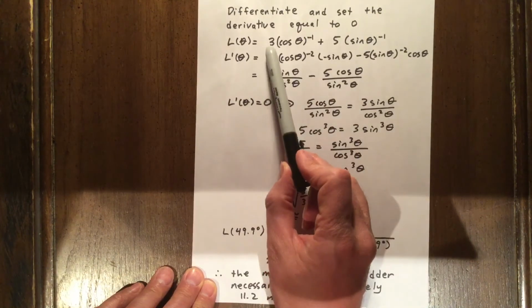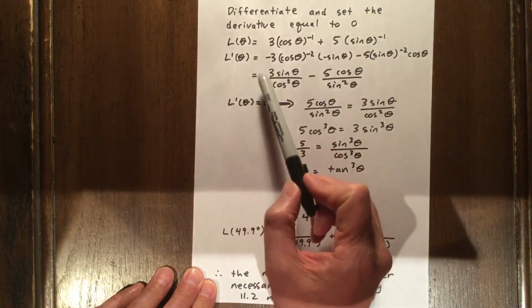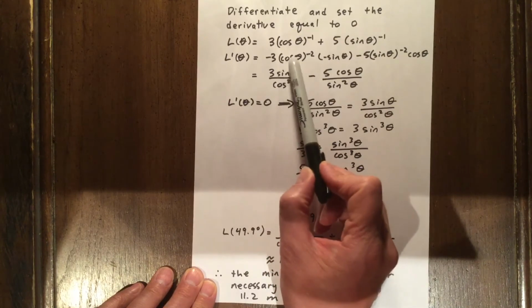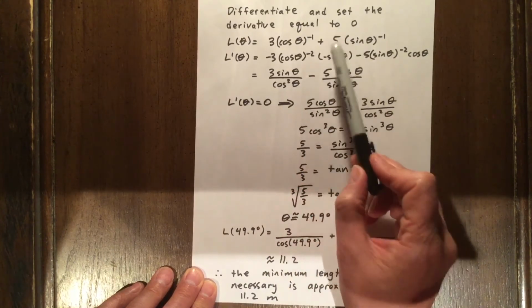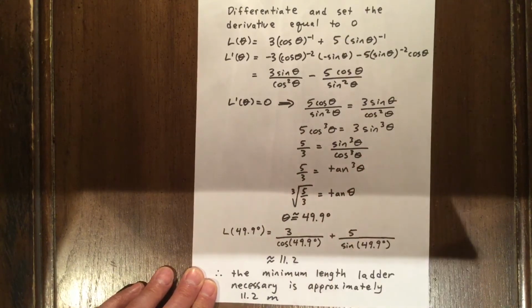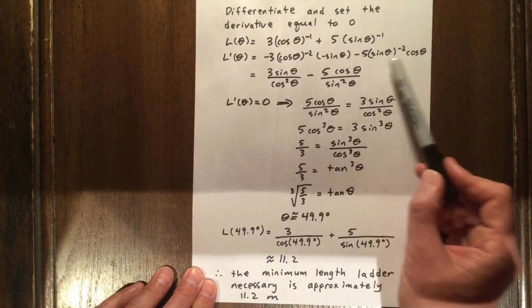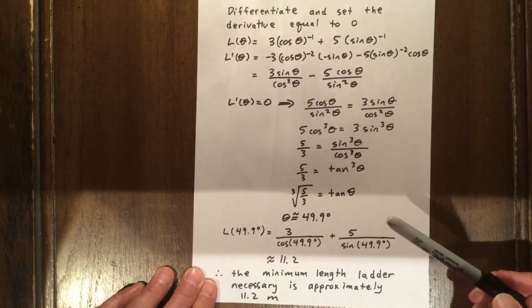In other words, 3 block to the negative 1 has a derivative of negative 3 block to the negative 2 times the derivative of that block. Similarly, 5 block to the negative 1 has a derivative equal to negative 5 block to the negative 2 times the derivative of that block, which is cos theta.